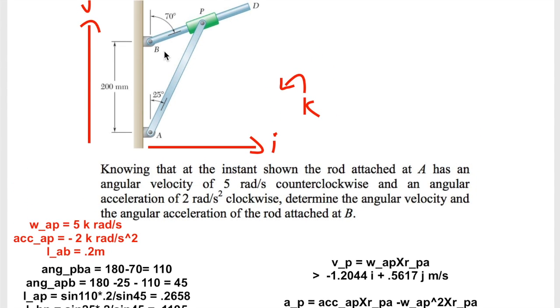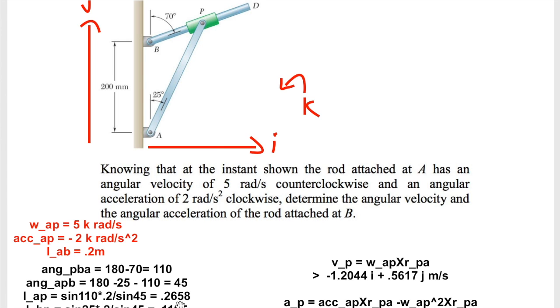Pretty easy. We're just going to find this angle of PBA. 180 minus 70 is 110. The angle right here of APB is 180 minus 25 minus the 110 we found earlier, because we know this triangle has to total 180, and this angle has to be 45. Then, using that, we use the law of sines to find the lengths.